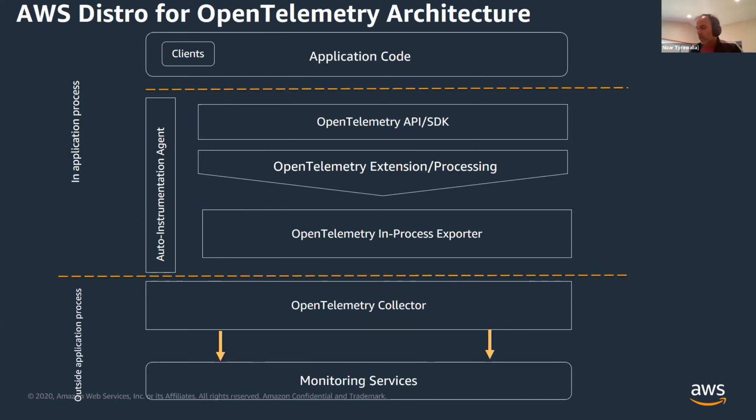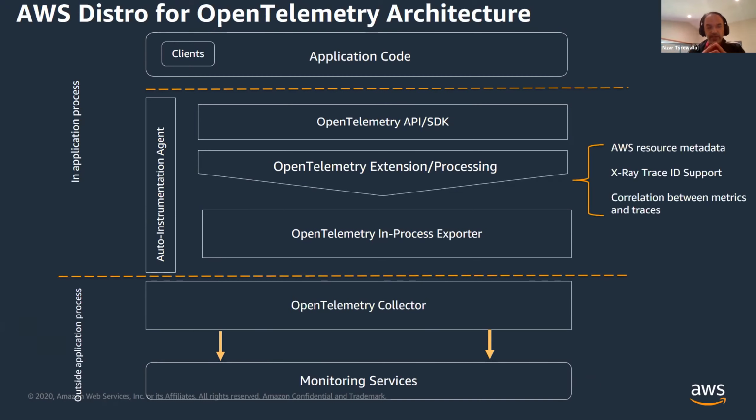Sorry. So now let's take a look at what AWS has done in terms of enhancing this architecture. To start with, we have extended the OpenTelemetry SDK to provide support for automatically collecting AWS resource metadata information. By that, I mean if the code is running on a container, we automatically collect resource information such as container ID, pod ID, instance ID, Lambda function name, and Lambda function version.